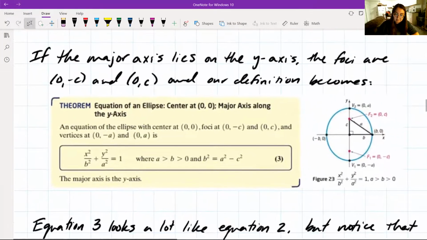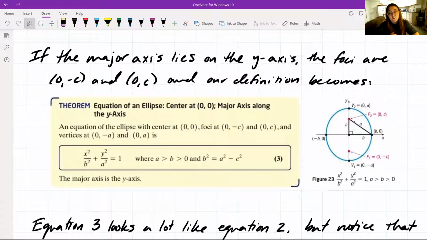So, all right. If the major axis lies on the y-axis, the foci are then going to be 0, negative c, and 0, positive c, and our definition will then become our next theorem of the equation of an ellipse where the center is still at 0, 0, but the major axis is now on the y-axis.